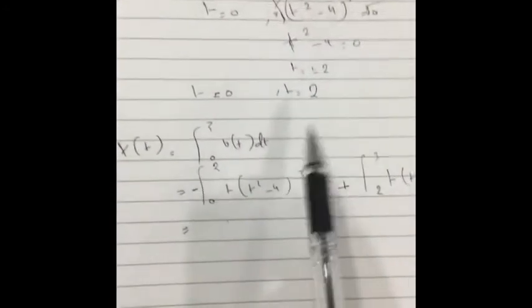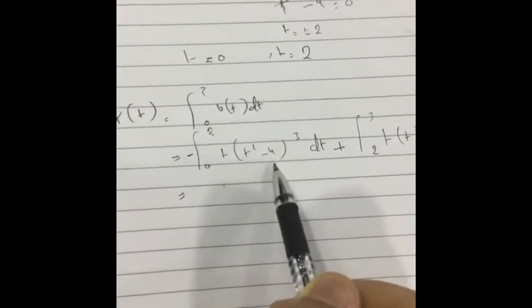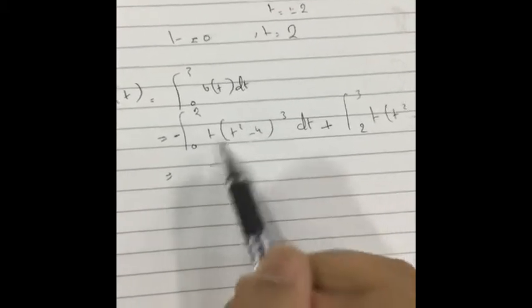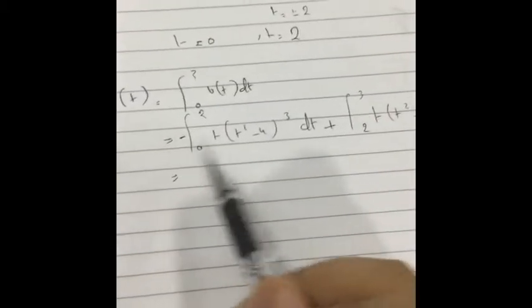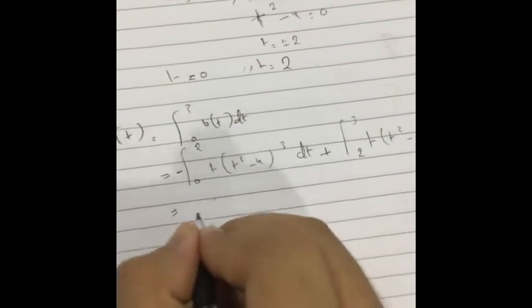U substitution will take time: we substitute u as t squared minus 4, then du will be 2t, we cancel t with t, 2 goes out, and the boundaries change. Or we can solve it by calculator directly.